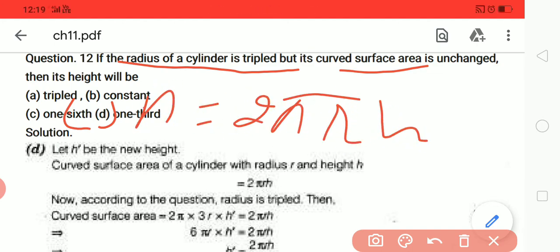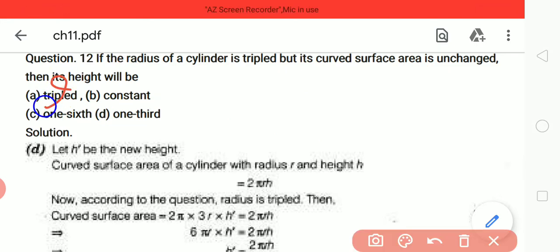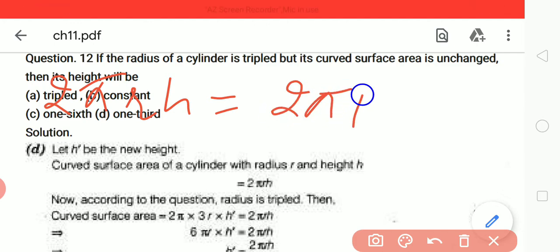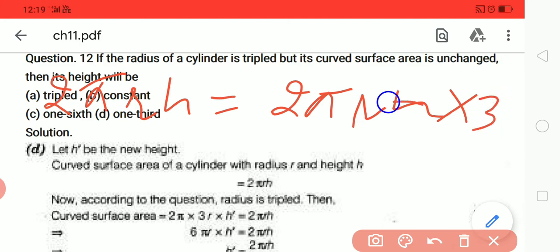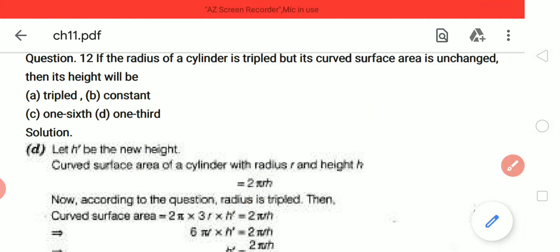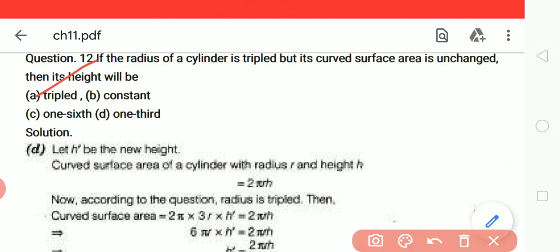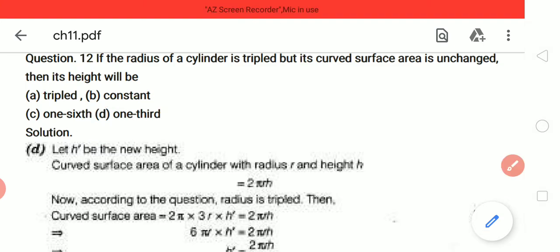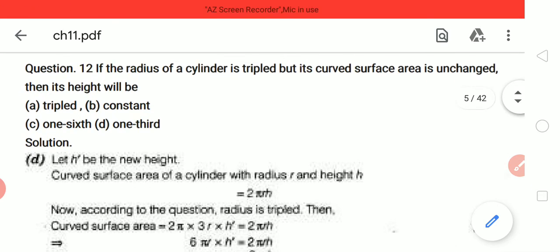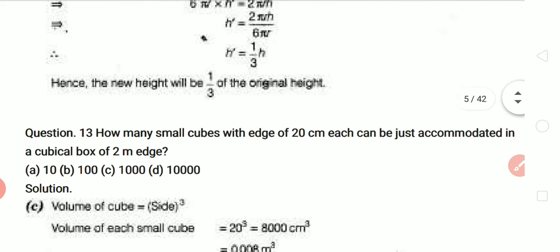The curved surface area remains 2 pi rh, but the radius is tripled, so for the radius we will get 3 here. 2 pi rh cut by 2 pi rh, and you can see that this is 1:3. Sorry, it will be 1/3. The new height is 1/3 of the original, and we have been asked the original, so it is 1/3.